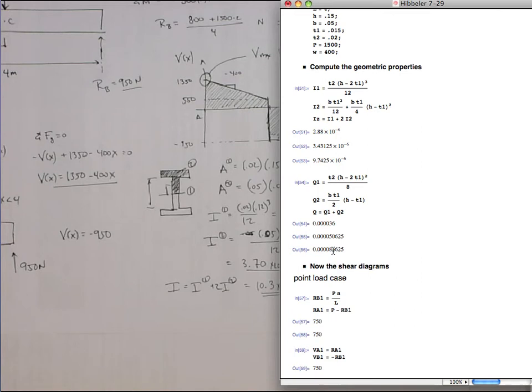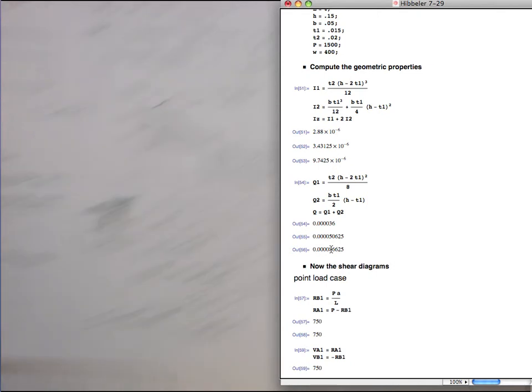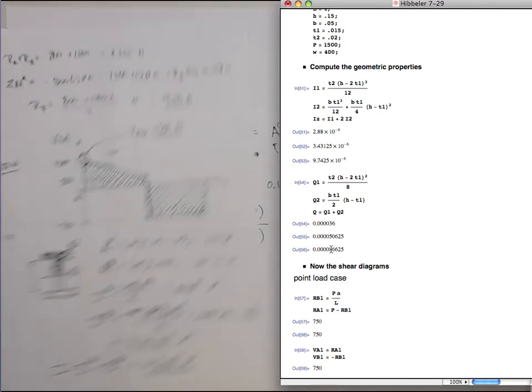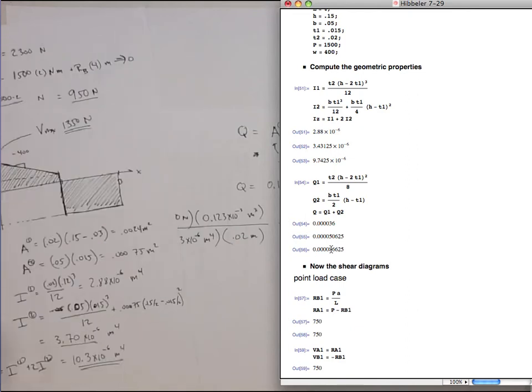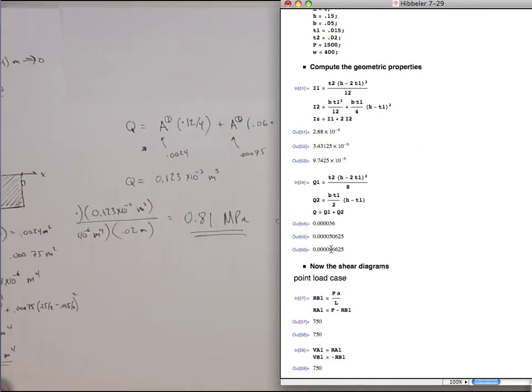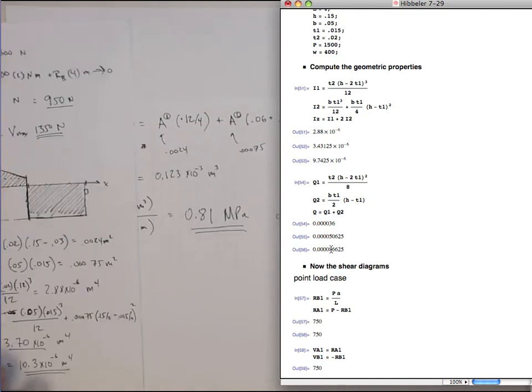If I look at Q, now when I did Q by hand, I got a Q of 0.123 times 10 to the minus third, right? It's right over here. But here you can see the Q at line 56, Out 56. Oh, there's a cursor on it. It's quite a bit different.